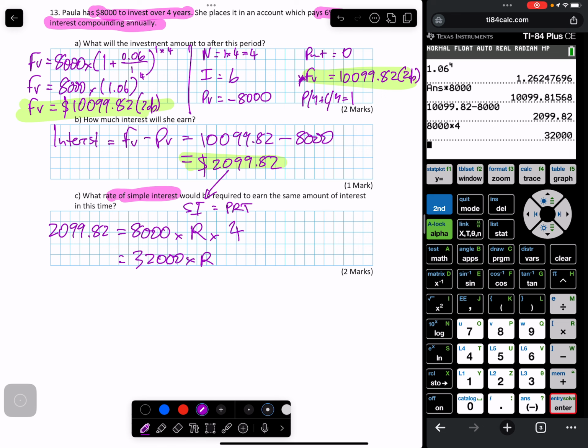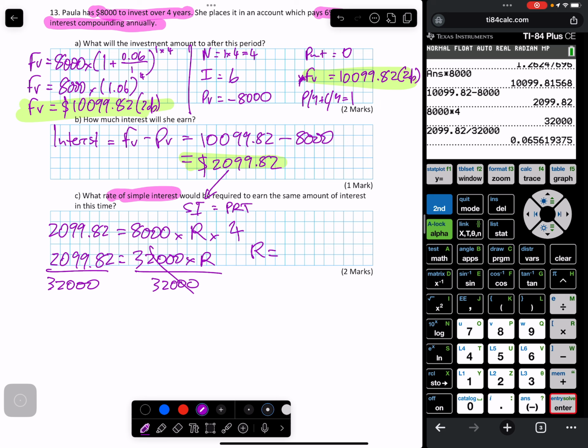I didn't do anything with the R, so it's still times by R. What's 32,000 doing to R? Timesing, so divide by 32,000 on both sides. That's going to cancel out the 32,000, so the rate is going to be whatever 2099.82 divided by 32,000 is, 0.066 to 3 decimal points. Therefore, 6.6% per annum rate needed.